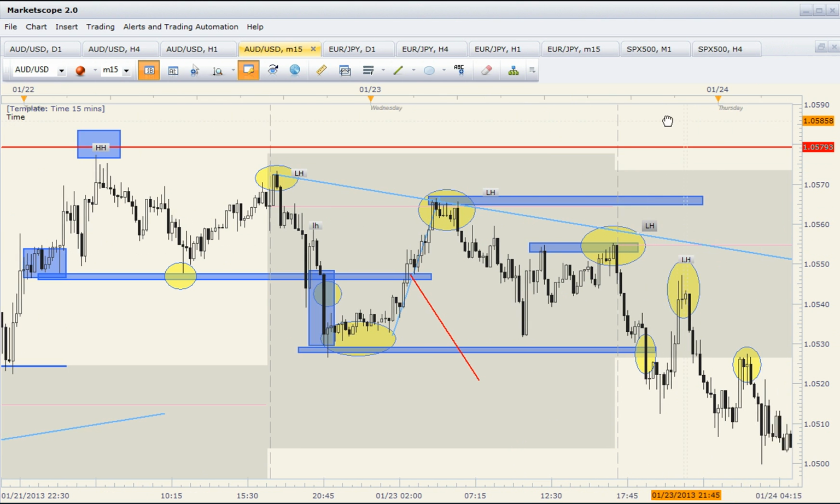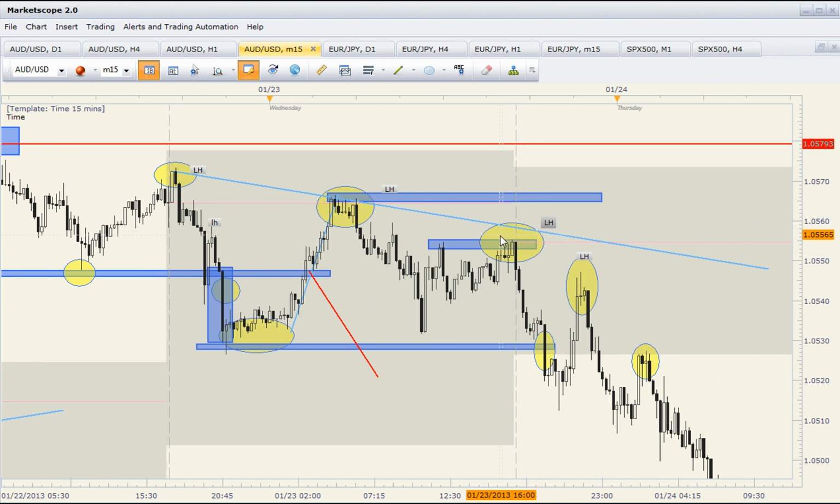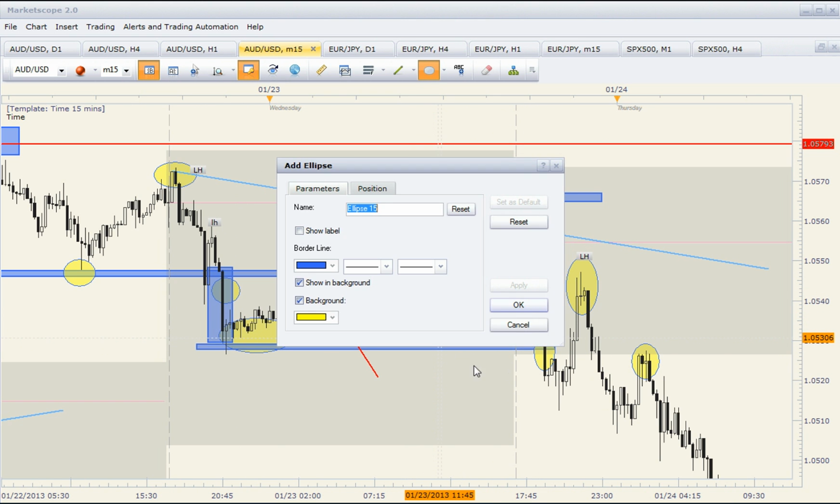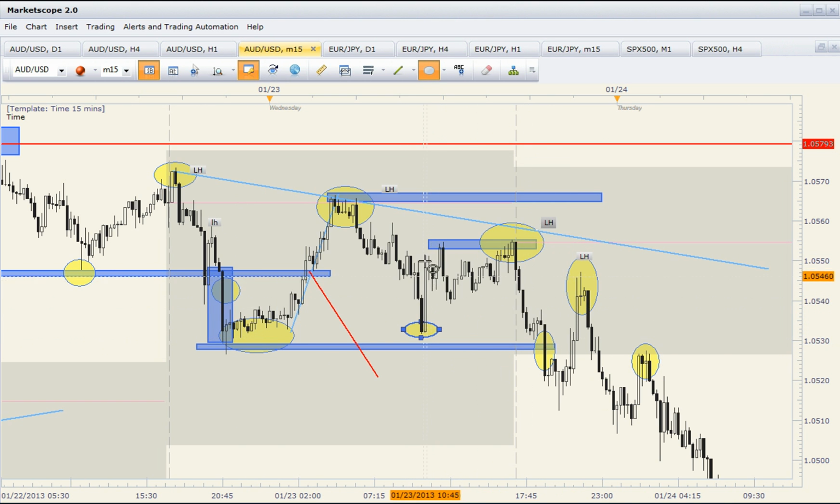And from that new lower high, price came back down and impulsively broke this structure level and this structure level, which was a little confusing because of the size of this bar and the way it went back up.